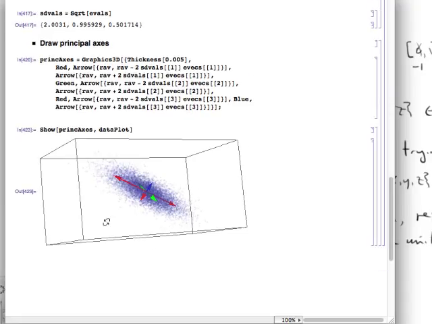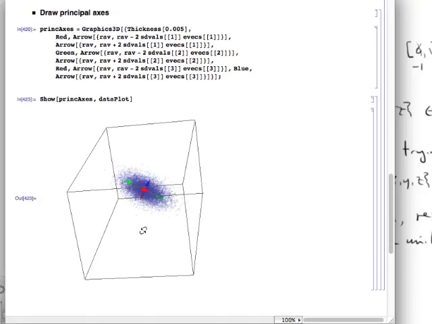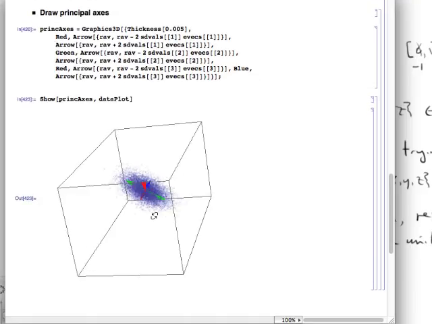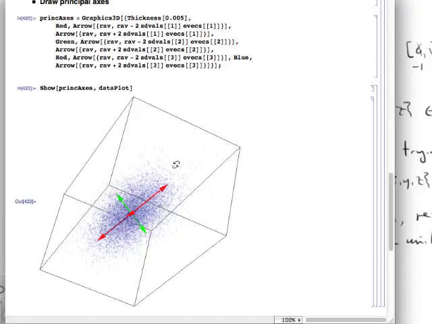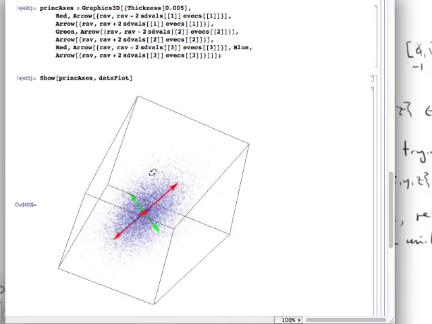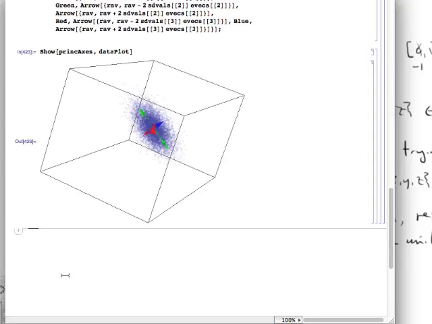Yeah, okay. So you can see the three principal axes, and they point along the directions that they're supposed to point. Now, we might be interested in looking at this thing along one of these directions and projecting it, so that we look at the cloud along one of its two-dimensional projections along one of these vectors.